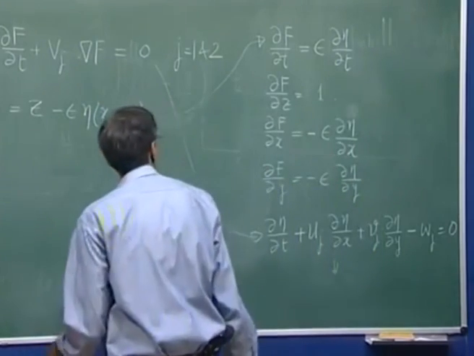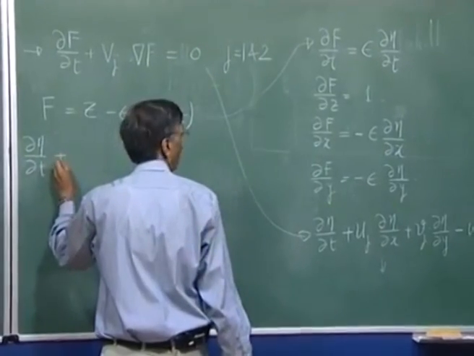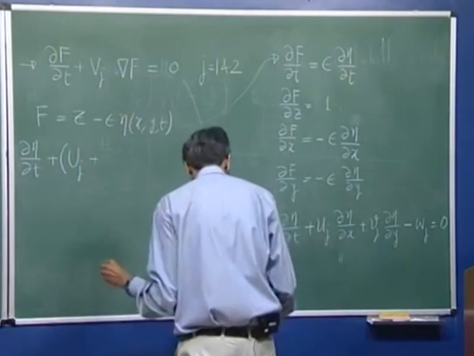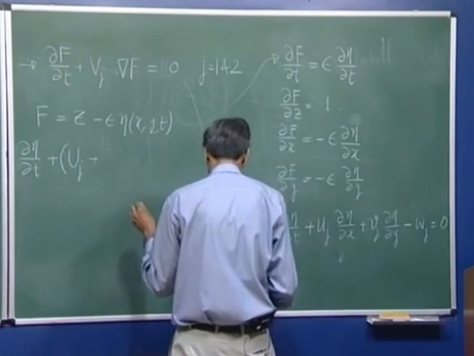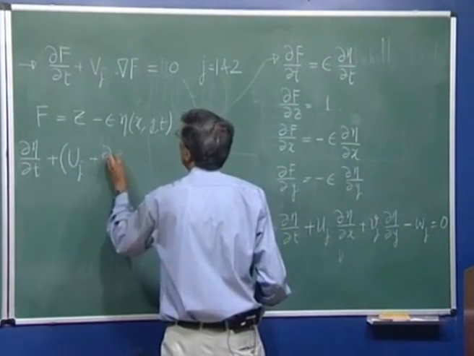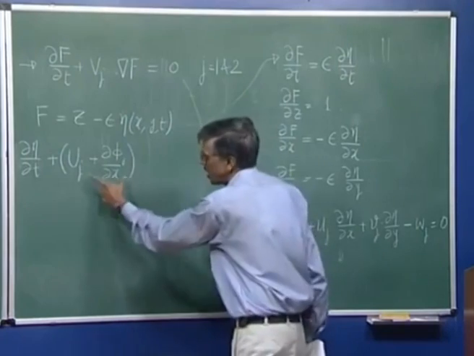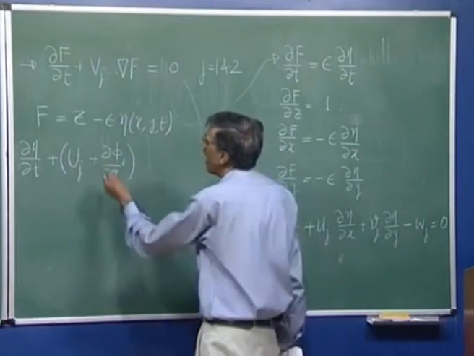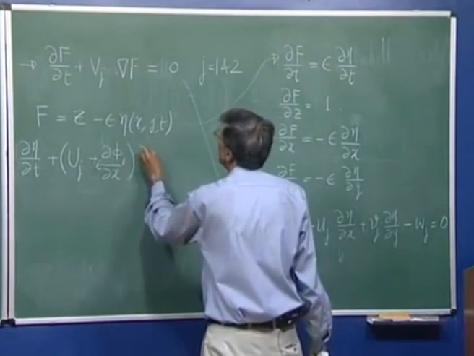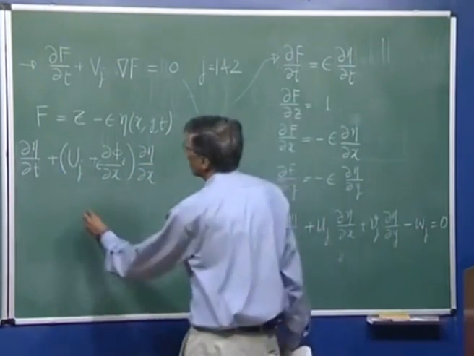If I write this equation down, del eta del t, and then we are talking about u j plus del phi j del x, that is your u j, this whole thing is u j, and this has epsilon built in, and then we multiply it by del eta del x. Okay. What about the other quantity?